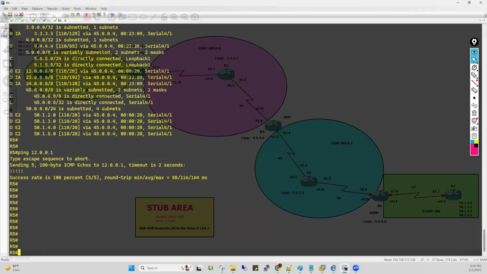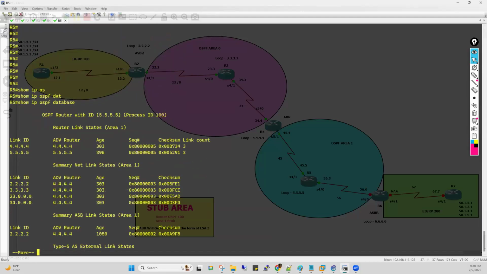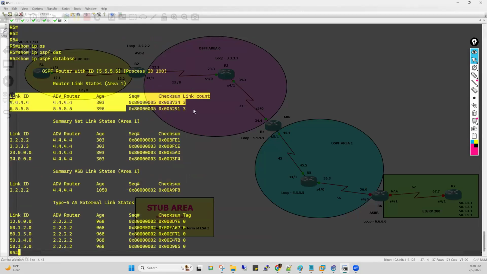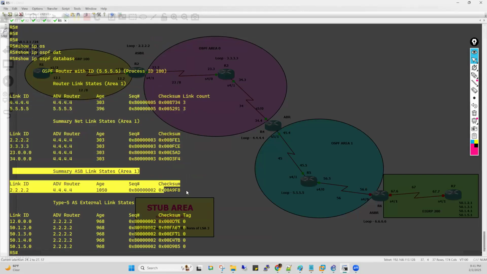On R5, I am running show IP OSPF database. See, when I write show IP OSPF database, this is LSA 1, LSA 3. And this is LSA number 4.